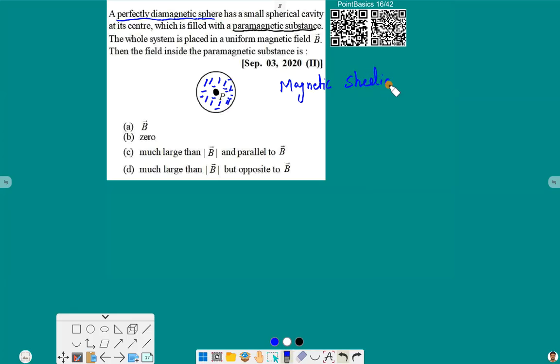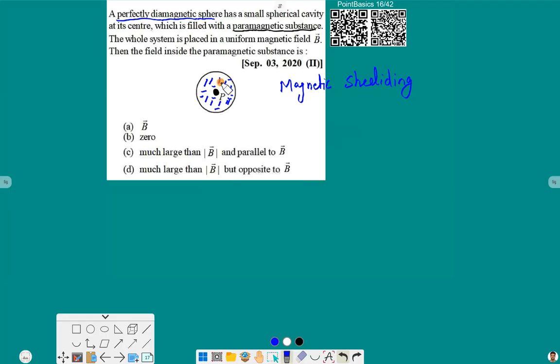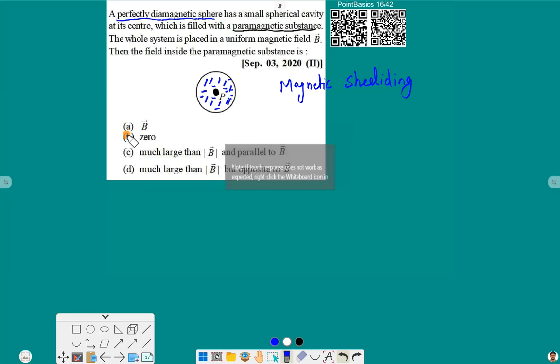It will act as a magnetic shielding for this paramagnetic material, and as it will provide shielding from the magnetic field, the net magnetic field at point P will be 0, because perfectly diamagnetic material provides magnetic shielding.